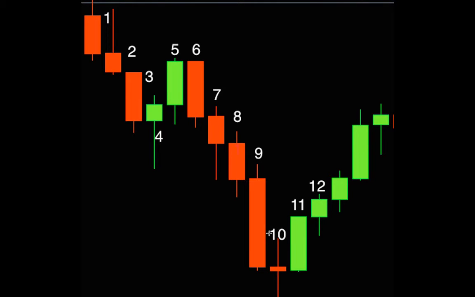Based on your strategy, maybe indicators and something else, let's say your strategy told you to take a trade after candle 10, as soon as this candle is finished, to go upwards. You always need candlestick analysis confirmation. It's vital. If you don't have candlestick analysis confirmation, do not take a trade, or you're on your own pretty much.